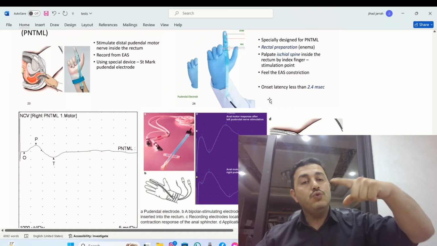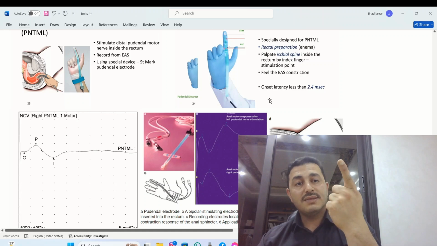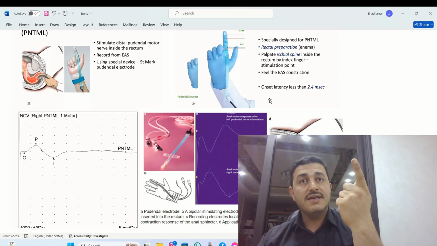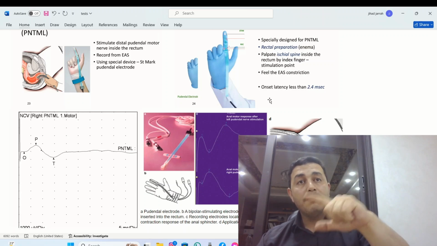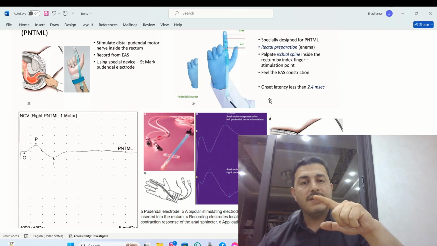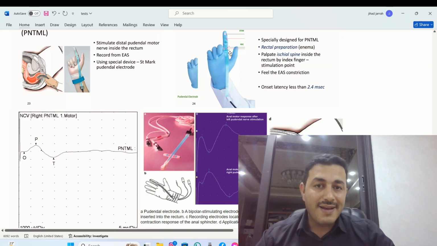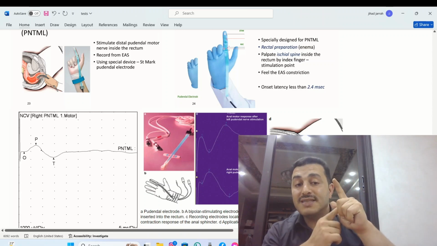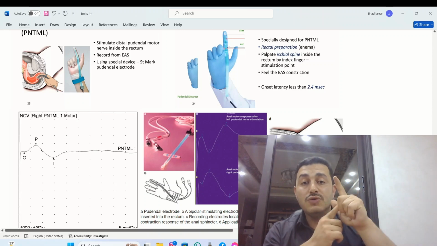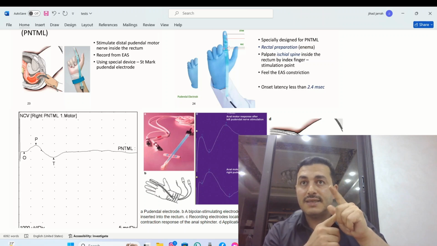We do a PR, go to the ischial spine where the pudendal nerve is, and stimulate it bilaterally. What should happen is that at the level of the recording sensor, there will be a contraction in the external anal sphincter, and this contraction will be detected.